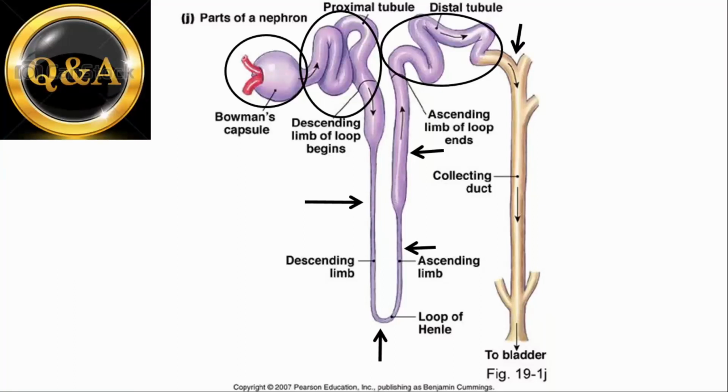This collecting duct is going to collect the excreted product from different glomeruli, and they are going to end up in the medulla. This is another nephron joining the collecting duct, and this is the collecting duct, and let's see what is next.